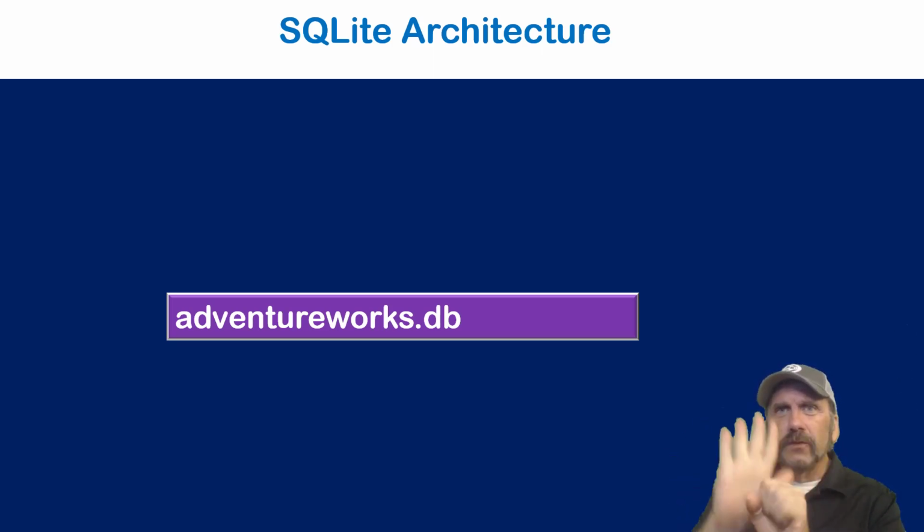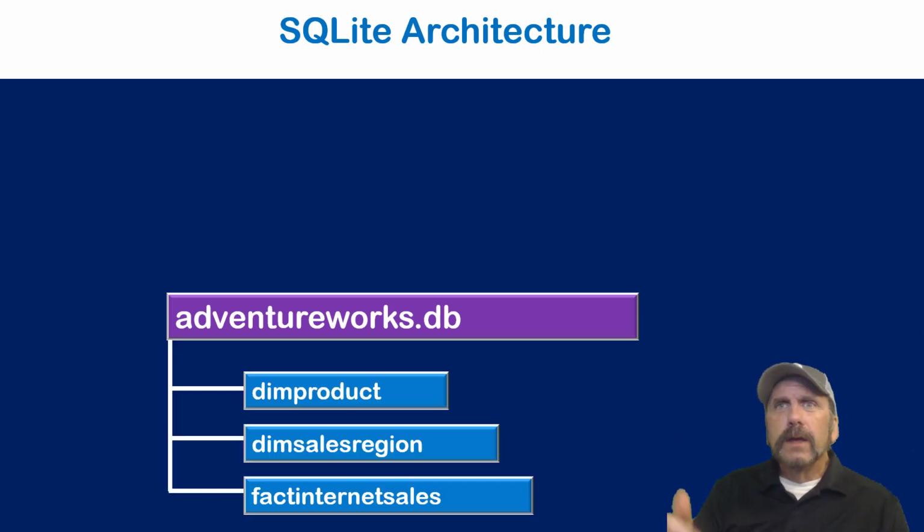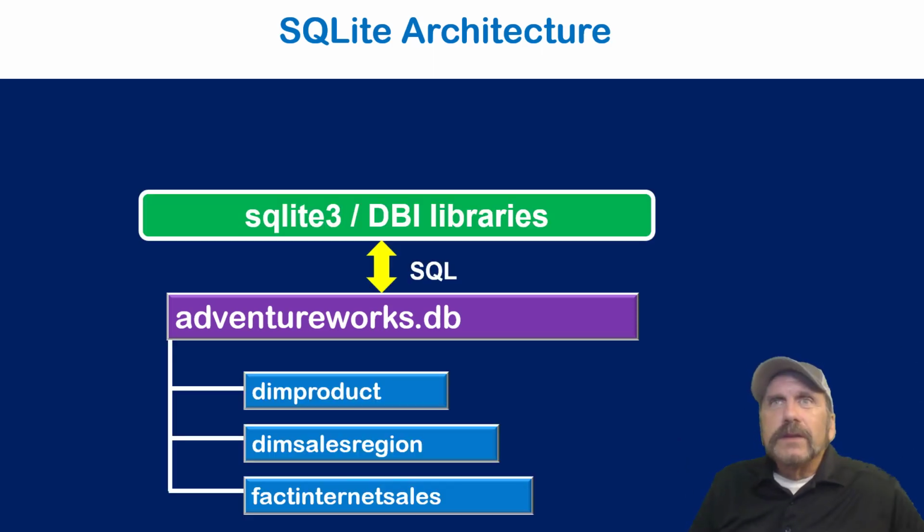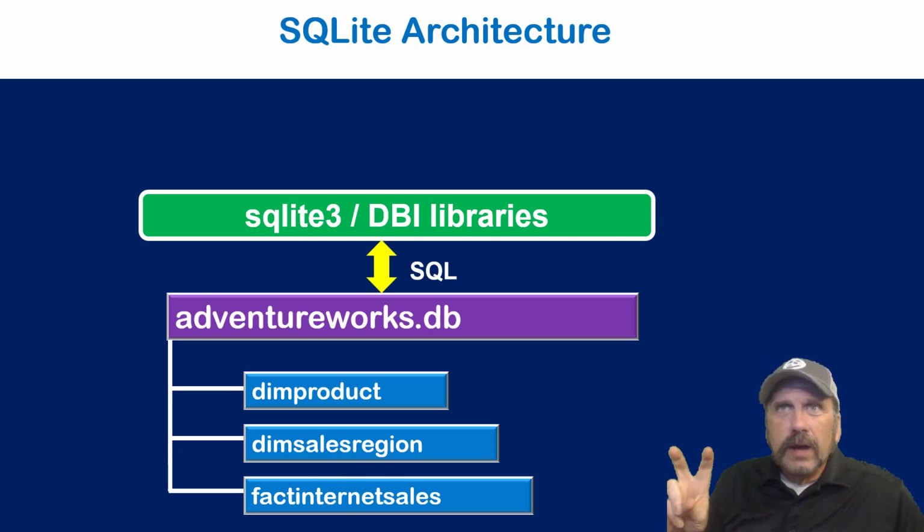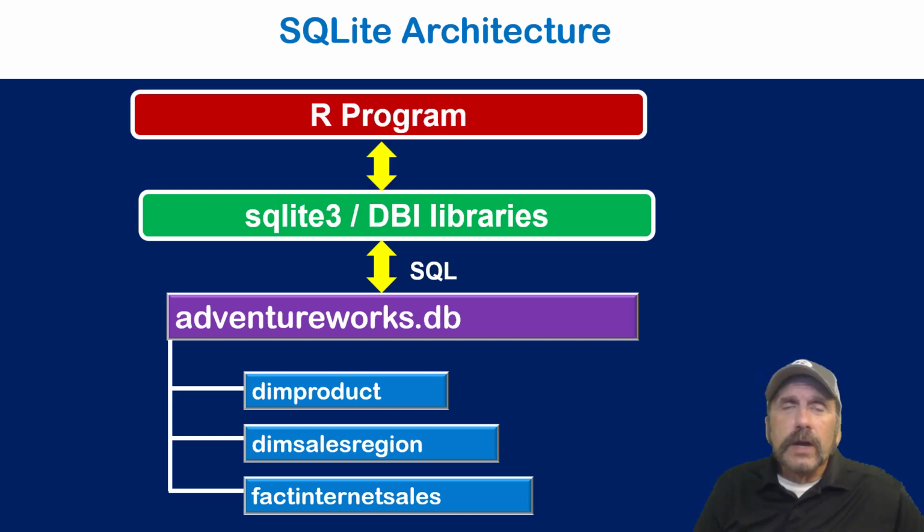But SQLite is just out front. Now imagine we have these tables. To get to the database, we would go through the SQLite API, and in this case R, so R would have a SQLite package and library, and then the DBI library, which is the standard database interface, would be used in conjunction with that to get you to the database, and then you just have your R program.